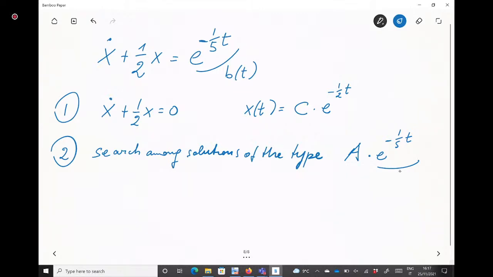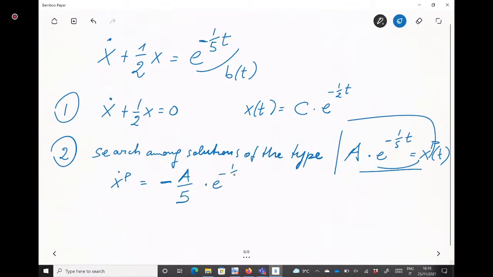If there exists a solution of this type, x particular of t, its time derivative would be equal to minus capital A over 5 times exponential minus 1 over 5t.